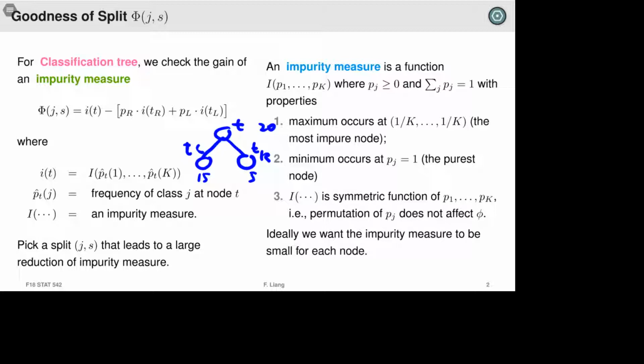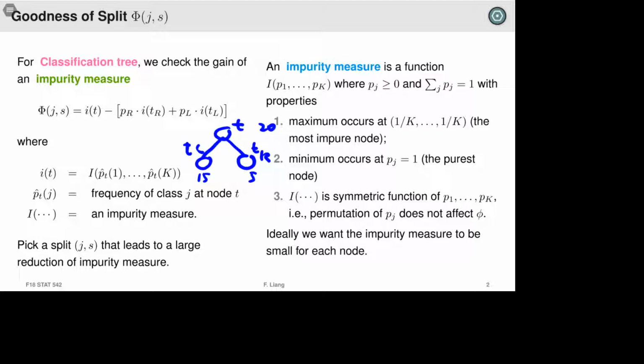Okay, so once we know the impurity measure definition, let's go back to look at the gain, or the change of the impurity measure. At every node T, the parent node T, we have some observations, 20 are there. We can look at the empirical distribution over the K classes, and we plug into this impurity measure. So we get our impurity measure at node T if we don't do any split.